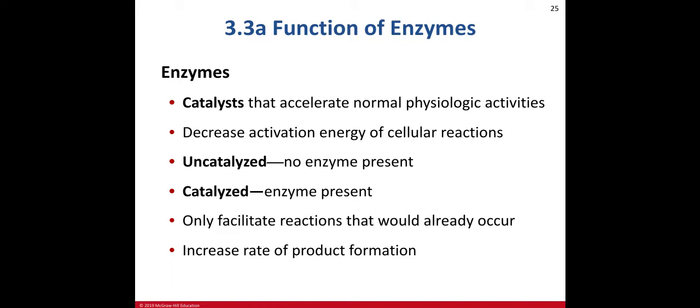We can call a reaction uncatalyzed, where there's no enzyme present, or catalyzed, where there is an enzyme present. And again, it's very important to note that this only happens with reactions that would already be taking place. We can't make a new, different reaction happen by adding an enzyme. And of course, an enzyme is great because it will increase the rate at which we make our products in a reaction.